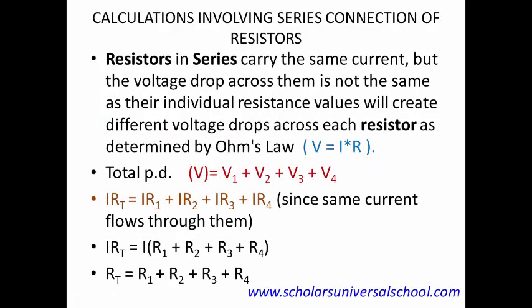But there's going to be a difference in the voltage across each resistor. There's a voltage drop across each of those resistors. So we should take note that we have the same current flowing through the resistors when they are connected in series, but different voltage across each individual resistance.